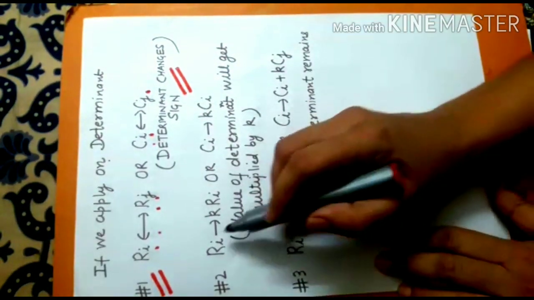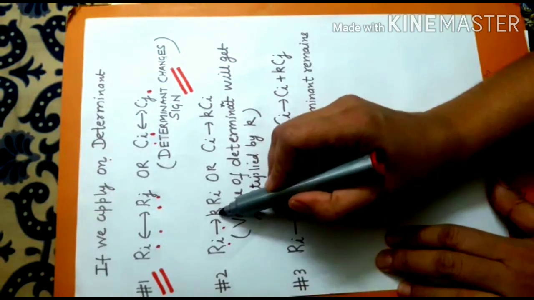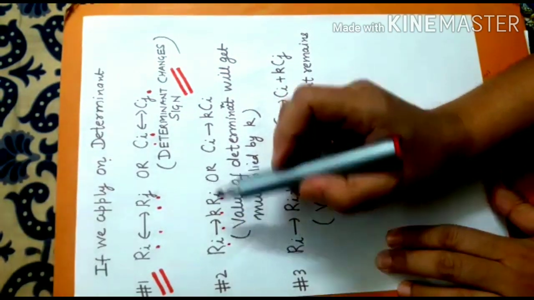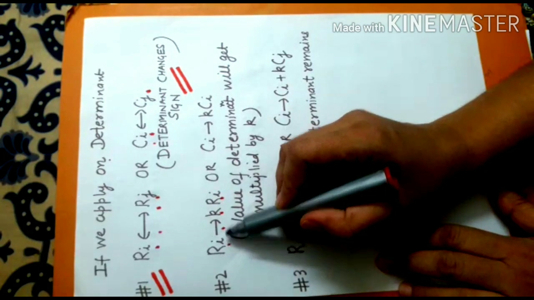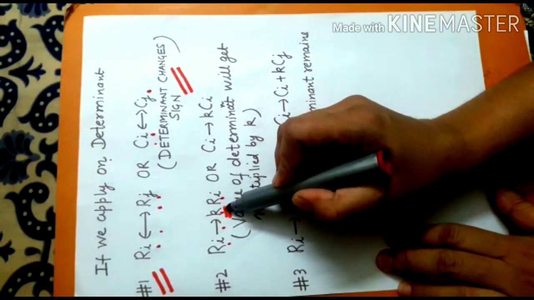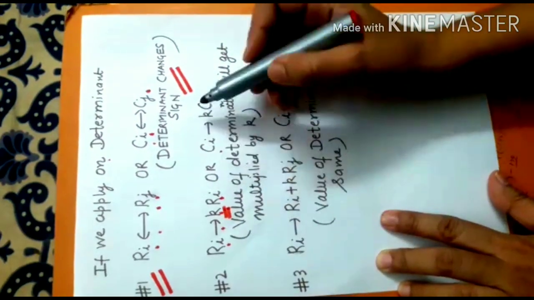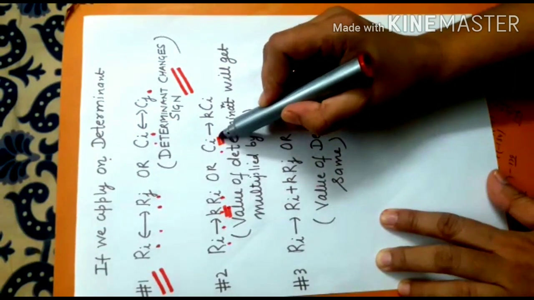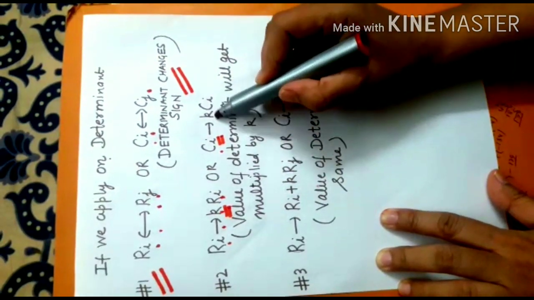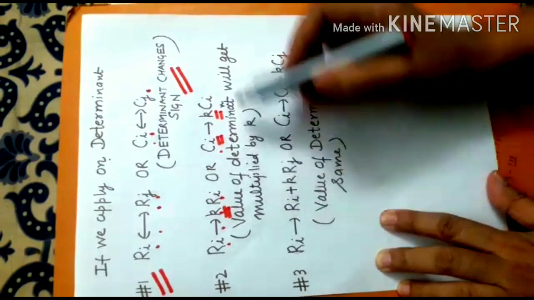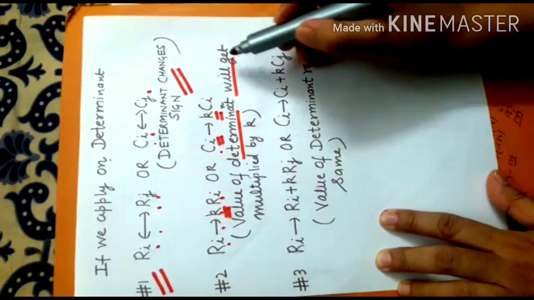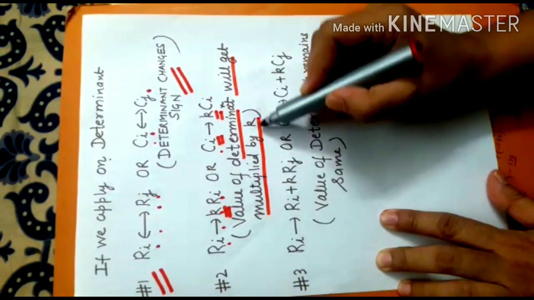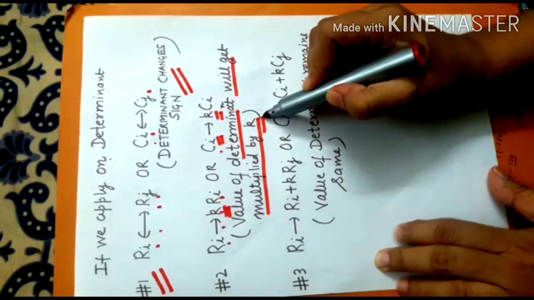If we apply Ri changes to k times Ri, that means elements of the ith row are multiplied by the constant k, or elements of the ith column are multiplied with the constant k, then the value of the determinant will also get multiplied by k.